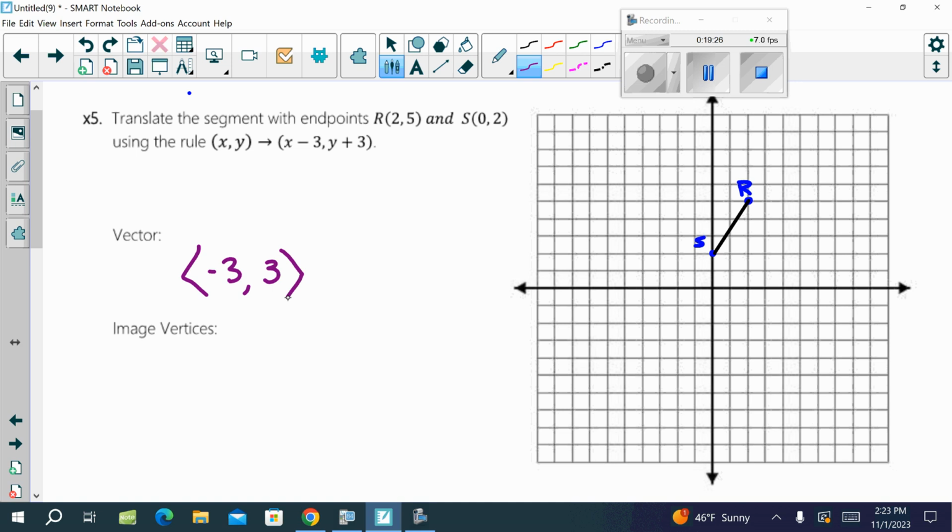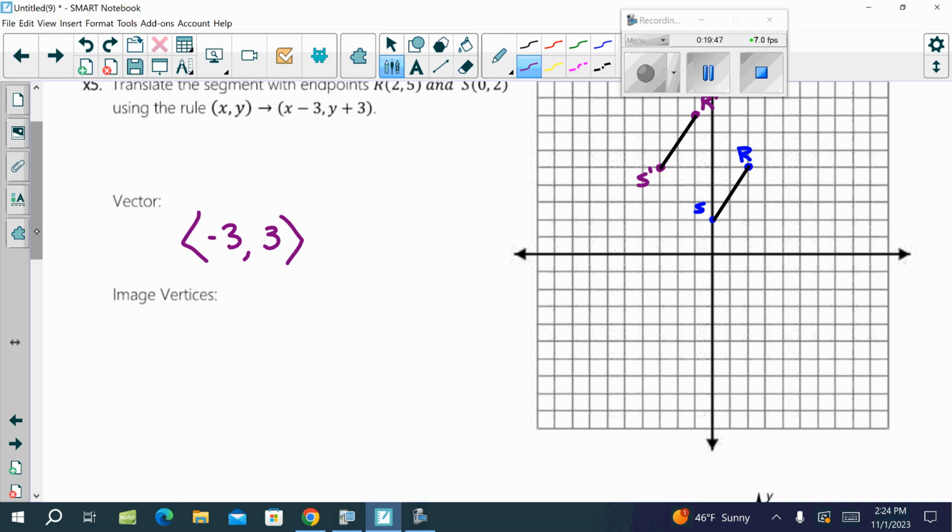Left 3, up 3. Good. So left 3, up 3. And then it wants the new ordered pairs.